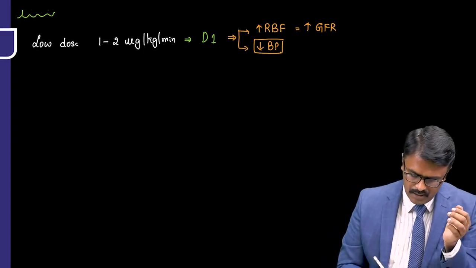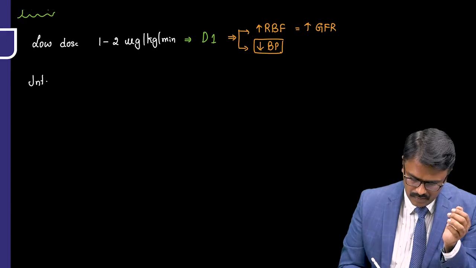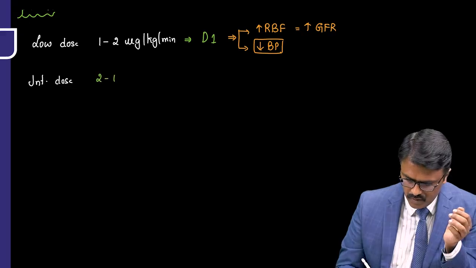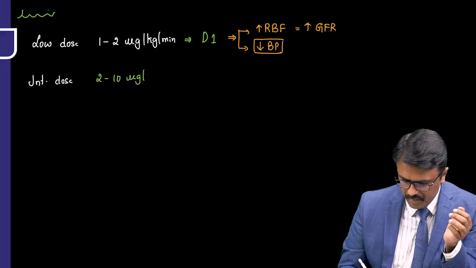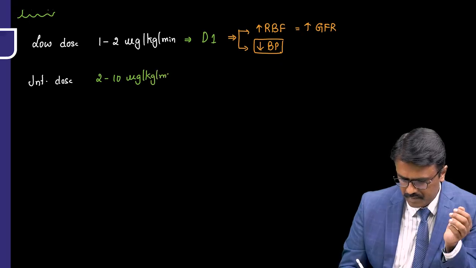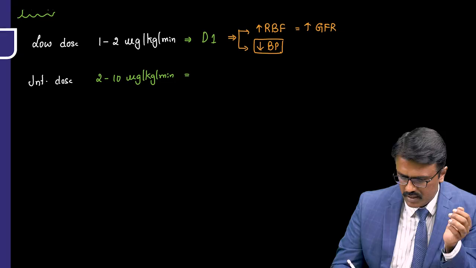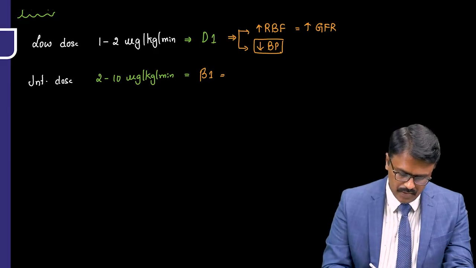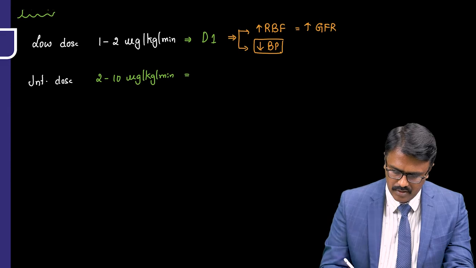Now if you are using it at an intermediate dose, what is the intermediate dose? It is between 2 to 10 microgram per kg per minute. Then the drug acts on the receptor called beta 1. Not only beta 1, at this dose, let me write it like this, it will be easier for you.